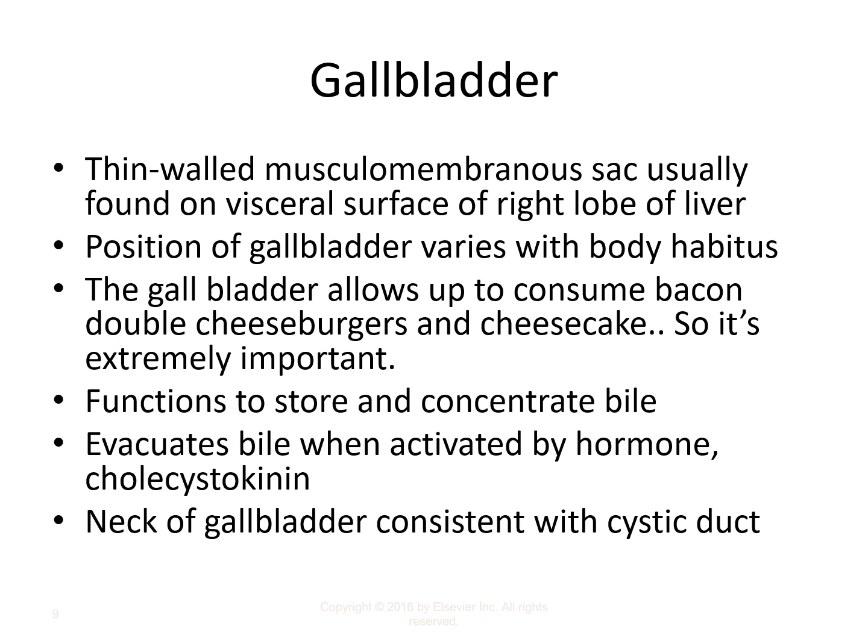It's found on the underside of the liver, and it is tethered to the visceral peritoneum of the underside of the right liver. Okay. The position varies with habitus. You can have one that's mostly vertical. You can have one that's more horizontal, depending upon how big a person you are.